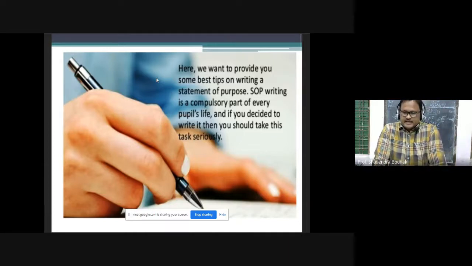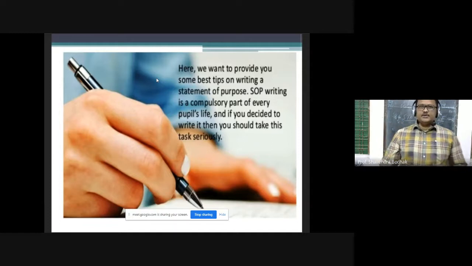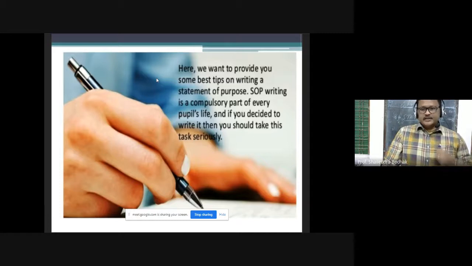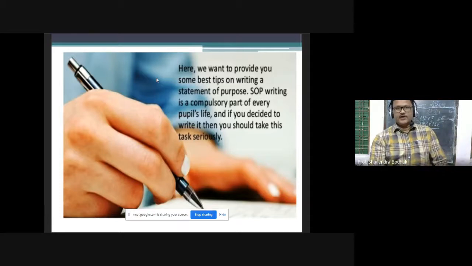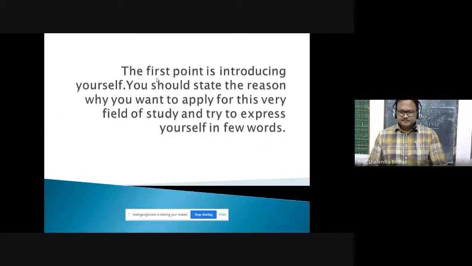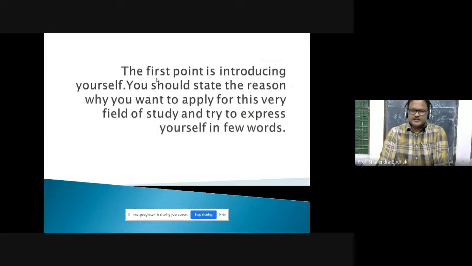And if you have decided to write it, then you should take this task seriously. If you want to be able to write a proper SOP on your own, then you should take these things very seriously.